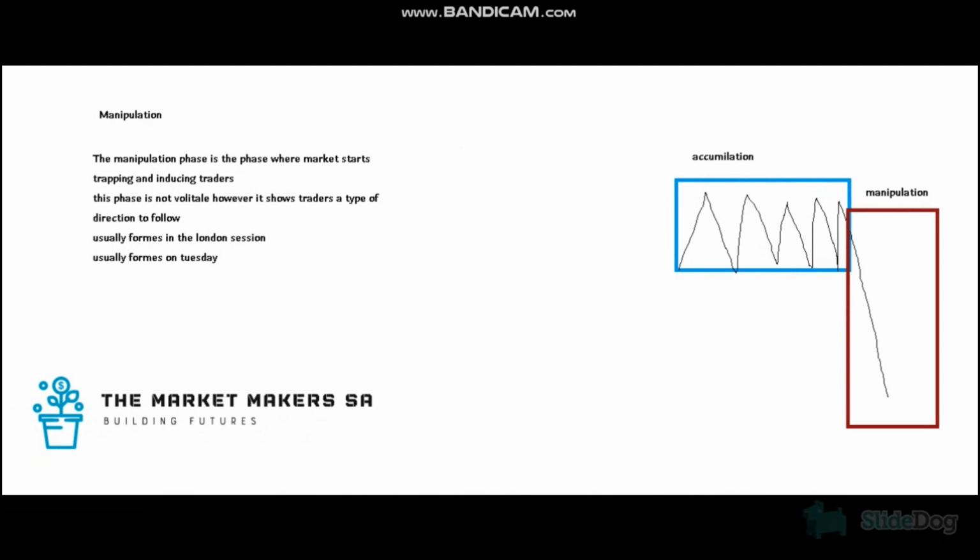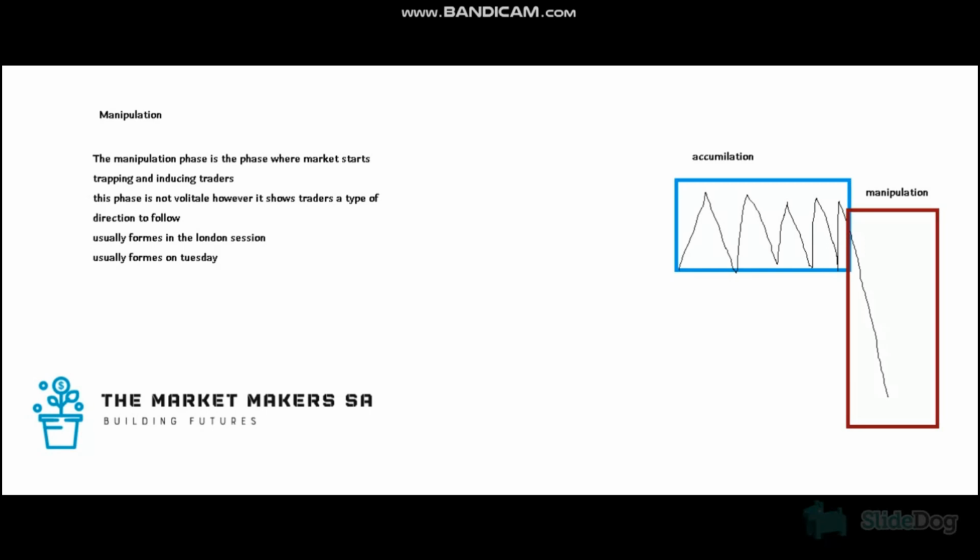It's too slow. It goes sideways. It's choppy volatility, and it shows the novice traders to trade. It gives them their breakouts, their touches on trend lines, their support and resistance, that type of thing. It shows them that for them to get taken out.